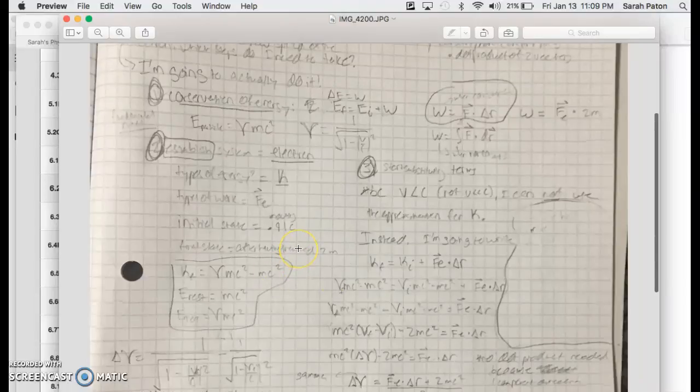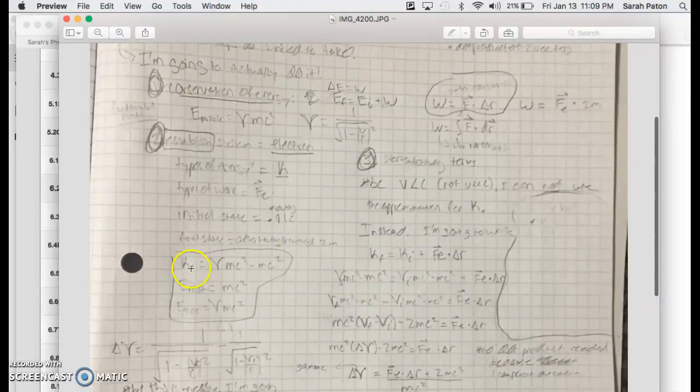And then finally, the definitions: kinetic energy was equal to gamma mc squared minus mc squared. So E total minus rest energy, sorry. Rest energy, as stated, was mc squared, and E total was gamma mc squared.